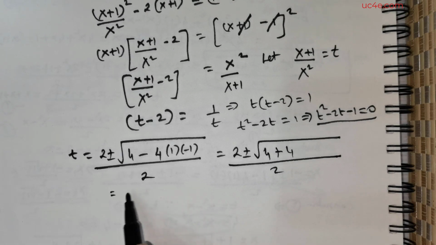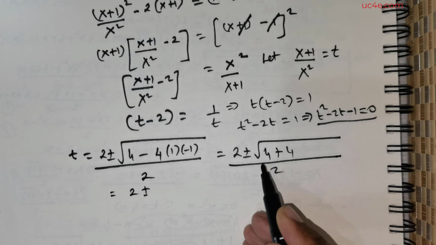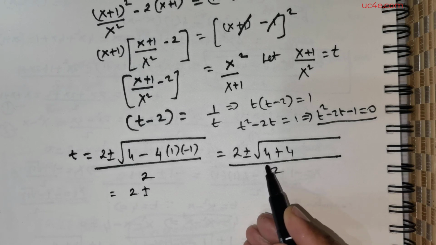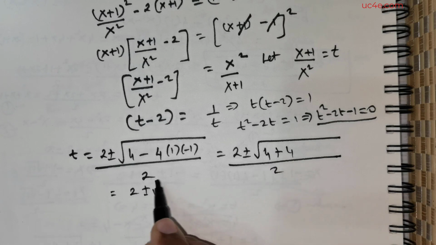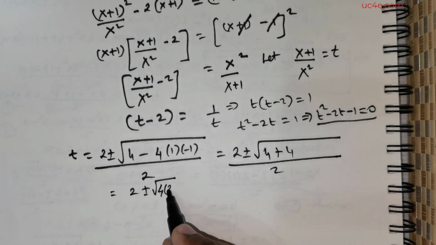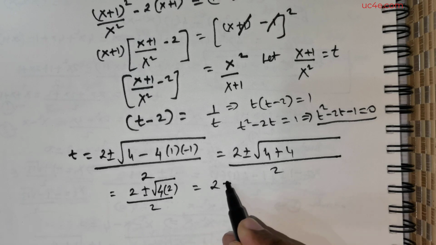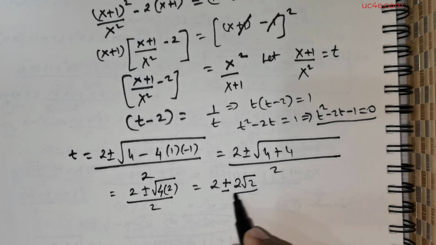So this is equal to 2 ± √8. Since it is 8, I can write √8 as √4 times √2, divided by 2, which is going to give me 2 ± 2√2 divided by 2.